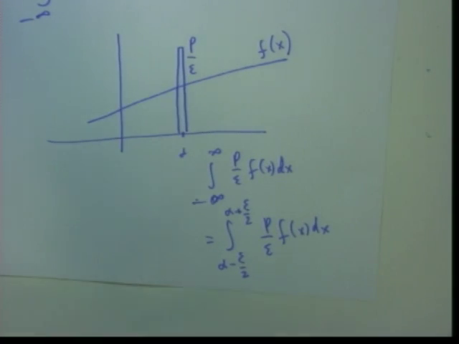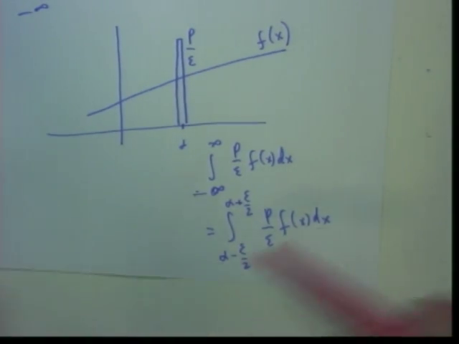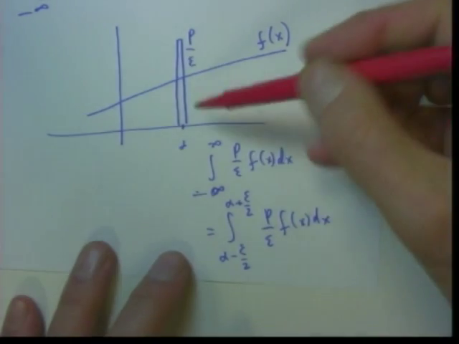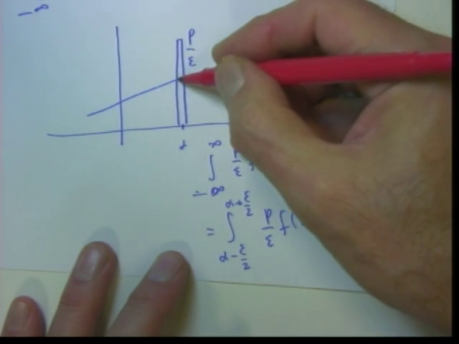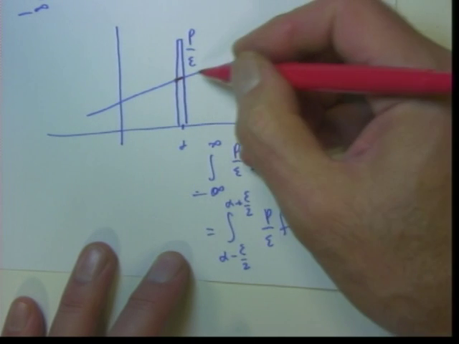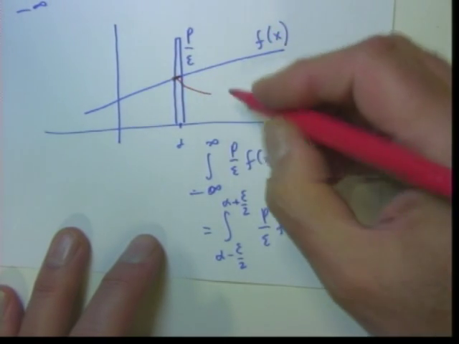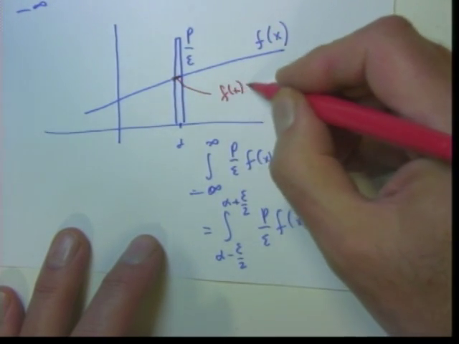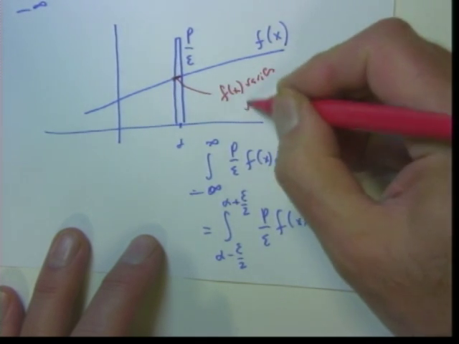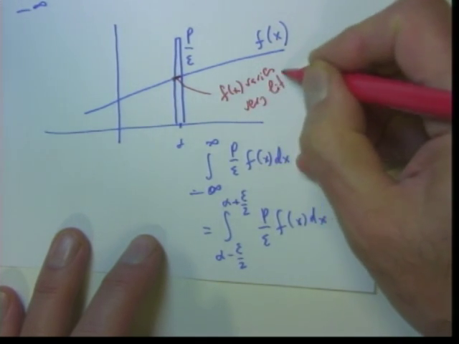Now, this integrand is 0 everywhere, so only here it is not 0. In this region, f of x varies very little.